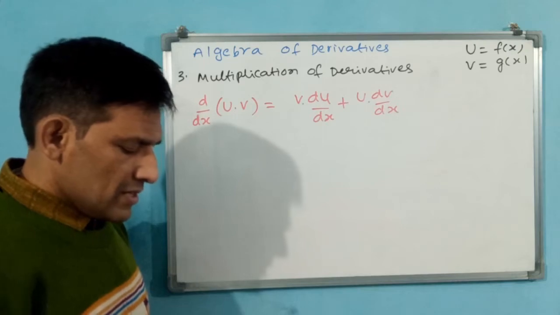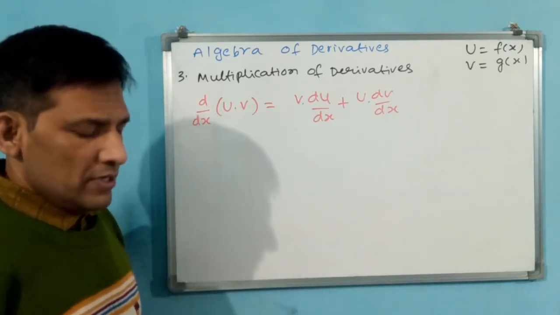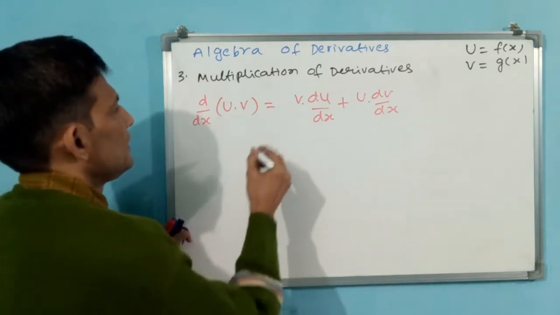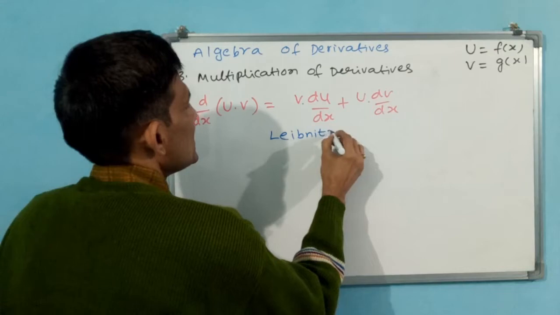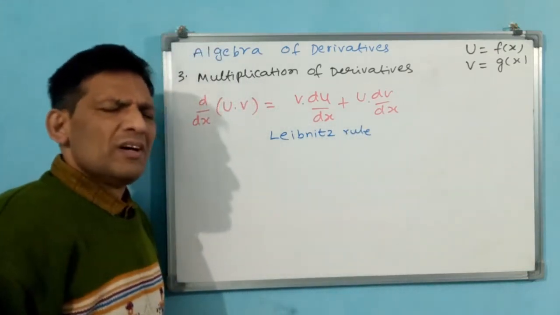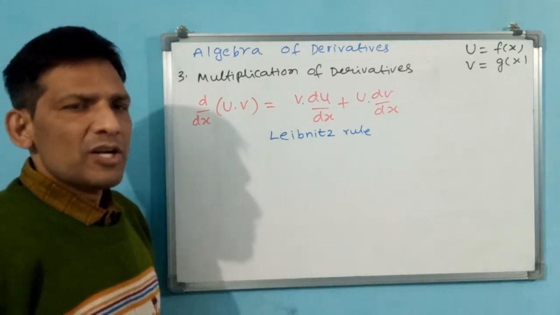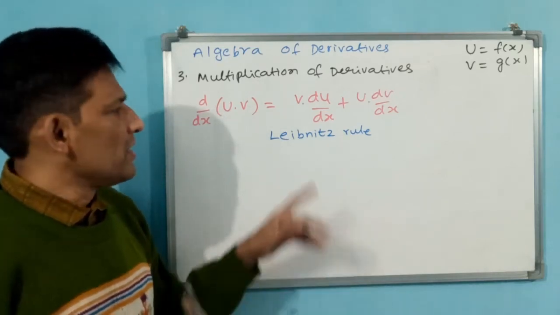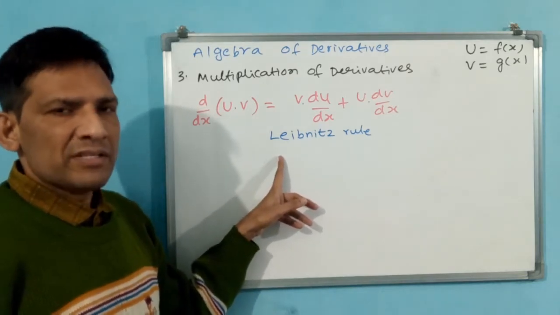Before going to division, this multiplication of derivatives rule is also called the Leibniz rule. Leibniz rule, Leibniz formula, Leibniz process, Leibniz theorem, whatever it may be. Leibniz was a German scientist and mathematician.